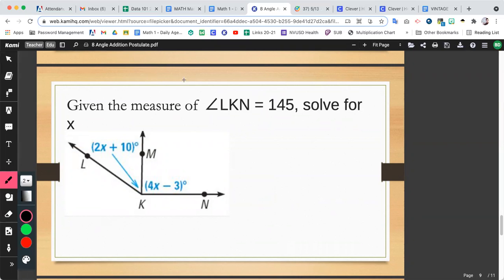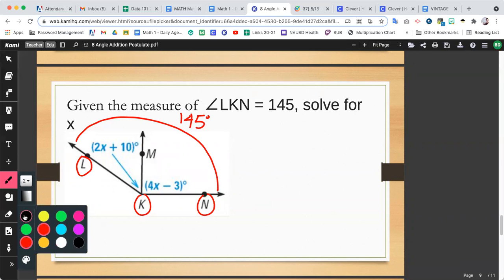The problem tells us in that first statement, LKN, so if you look at the angle, that's the whole thing. So this whole angle is 145 degrees. What we know is that if I add up the two smaller pieces, they'll equal 145 total.